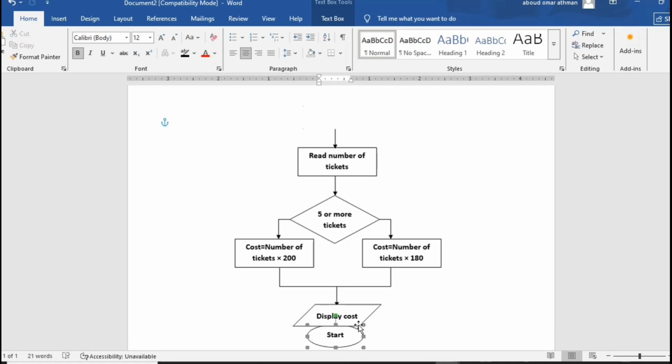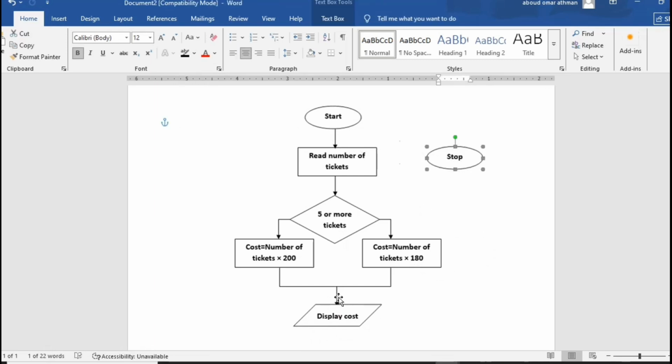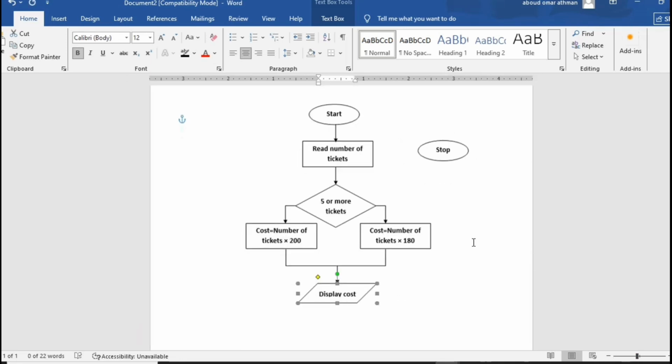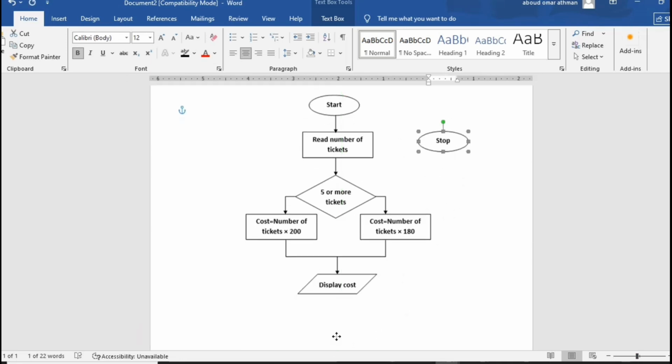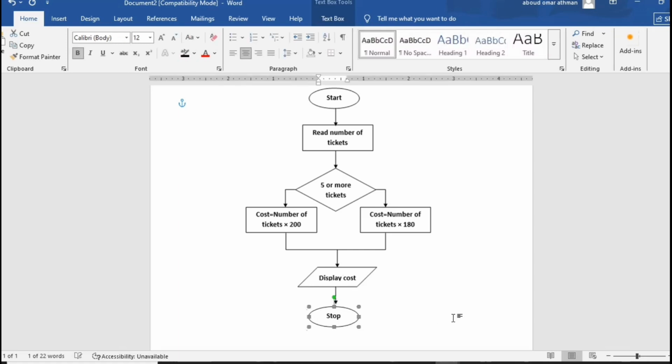This fan did not qualify for the discount. The discount applies if there are 5 or more. Therefore from there you'll go to the next step, which is to output or display, and the display is demonstrated by using a parallelogram, and finally the process will stop or end.